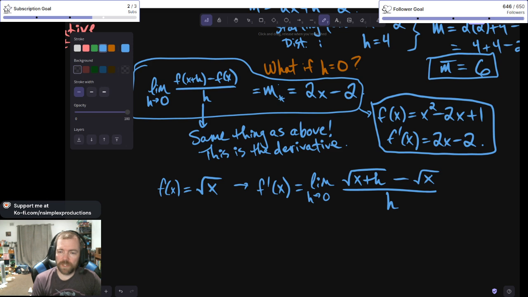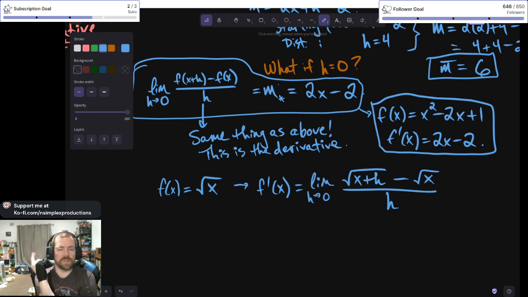Now, you're not actually able to add square roots to each other that have different radicands, so this looks like we're stuck. And if you just plug in h equals 0, we again end up with that indeterminate value 0 over 0. So that's not going to work.